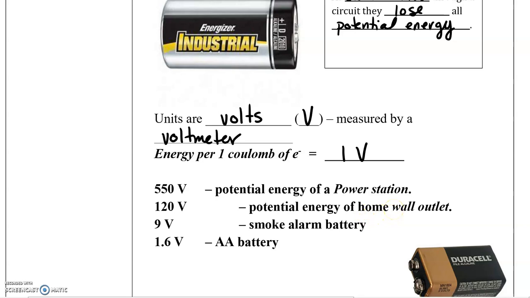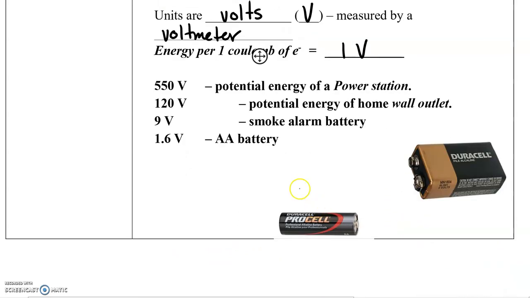And 9 volts is a smoke alarm battery, one of these rectangular batteries. And 1.6 volts is the voltage in a AA battery. So the AA battery looks like this, and the 9 volt battery is that square one.